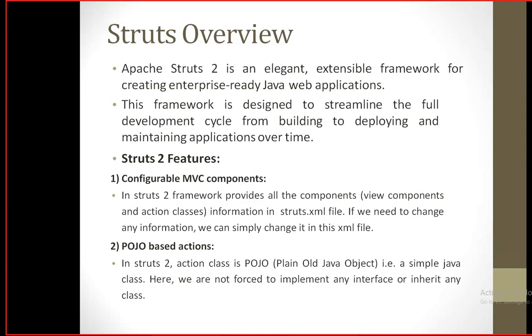Okay, then after that, POJO, that is plain old Java object, abbreviated as POJO. So all the Struts action classes. What is an action class in Struts? Simply, if you remember, we created a form, and in that we had an action attribute for the form, right? For that action attribute, we need to mention either a PHP page or a servlet class name, right?